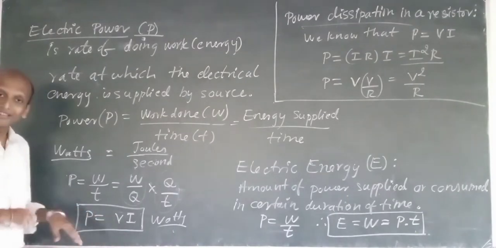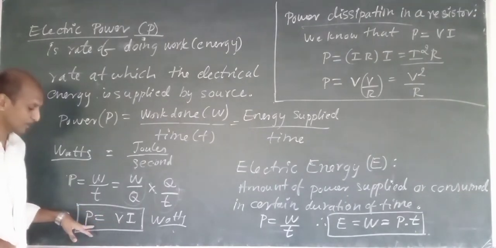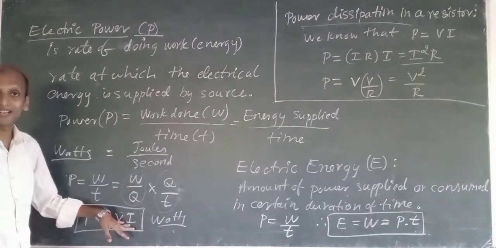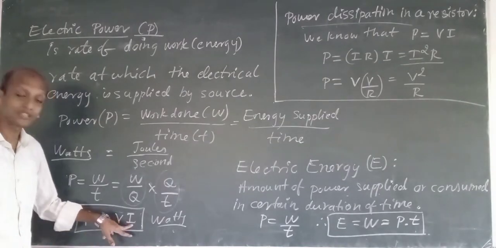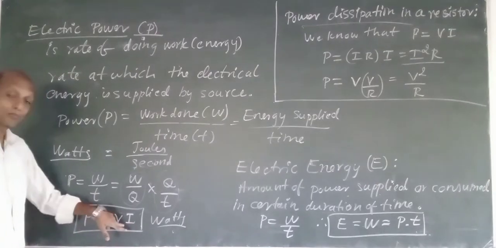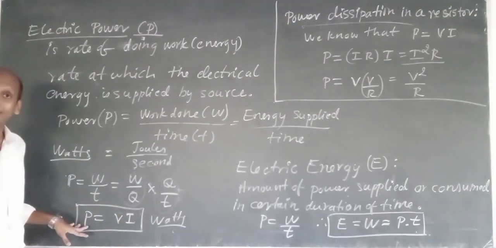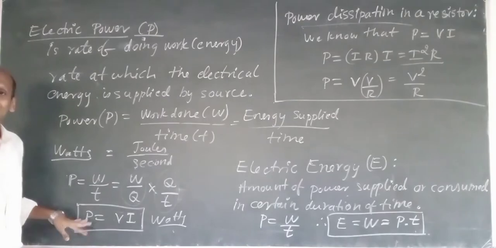We have already dealt with this: power is the product of voltage and current. How much voltage you have applied and how much current is flowing, that product is your power.